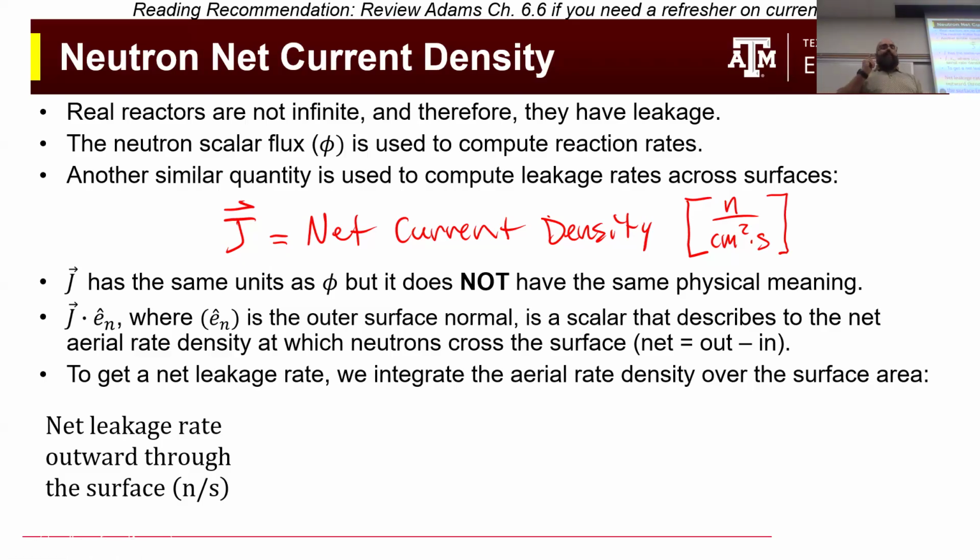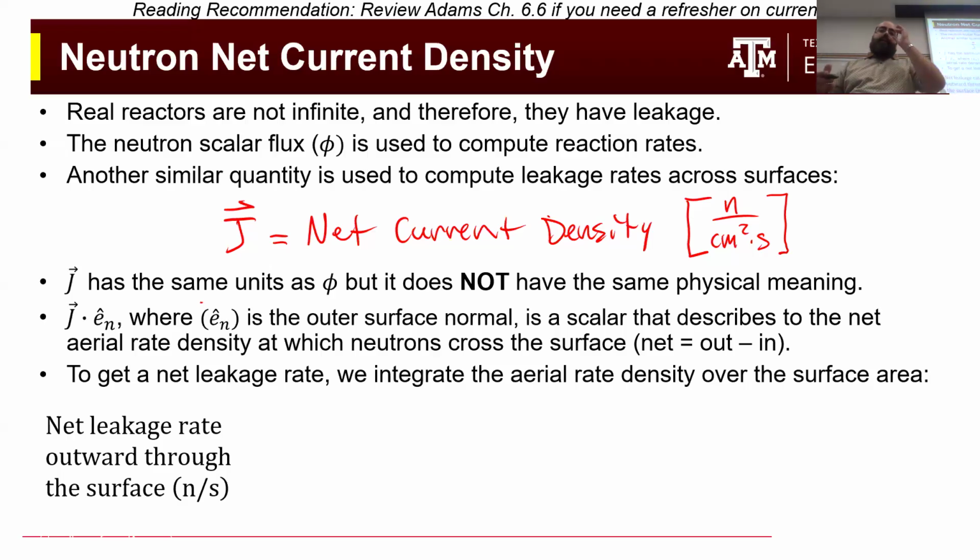And the way that I get leakage rates out of the current is I take that net current density and multiply it by a unit vector that's pointing outward from my surface. So if e hat n is the outer surface normal vector, and I multiply those two together, then that's going to give me a leakage rate.